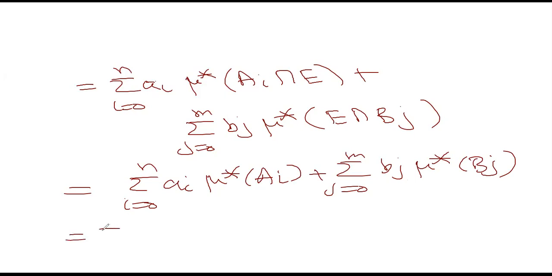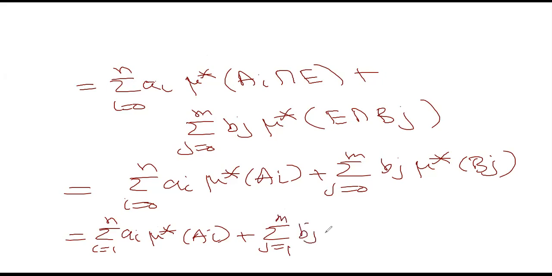So this can be written as summation i runs from 1 to n, a_i mu star of a_i, plus summation j runs from 1 to m, b_j mu star of b_j, and that's equal to integral of phi plus integral of psi. So that proves the theorem completely.